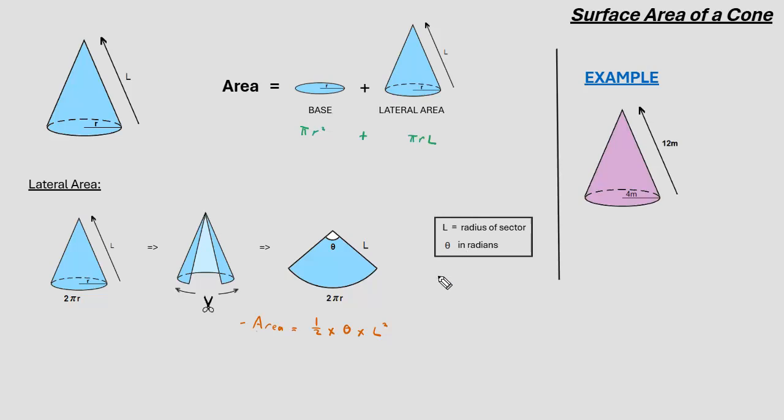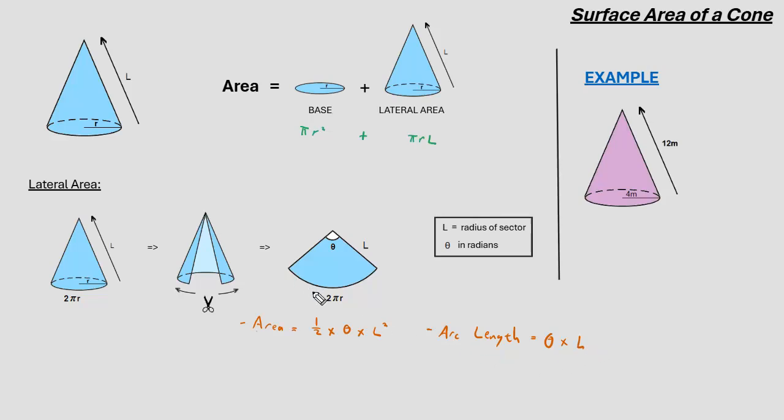Now with theta in radians, the arc length of a sector is found by the angle multiplied by the radius.